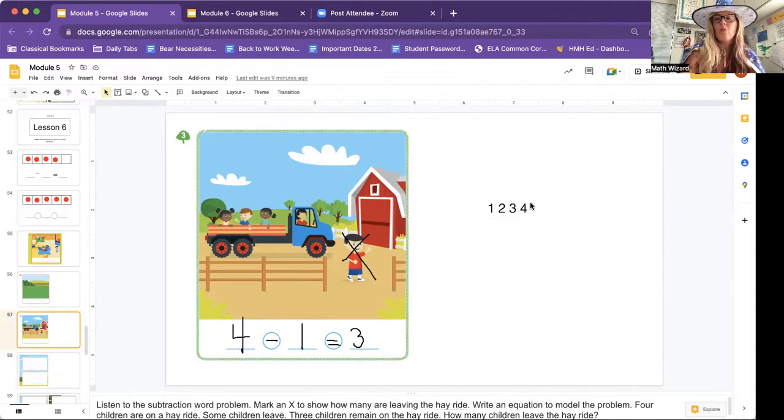Start at 4. We can cross off. We had 4, and we go back till we get to 3. We stop. How many do we cross off? 1. Okay. So you do it whichever way works for your brain.